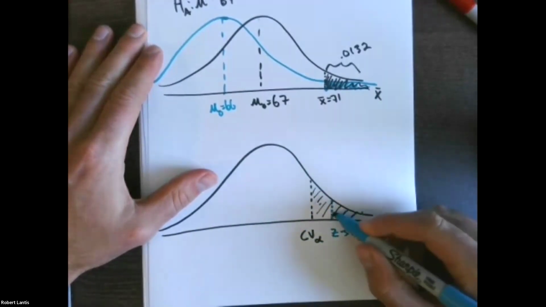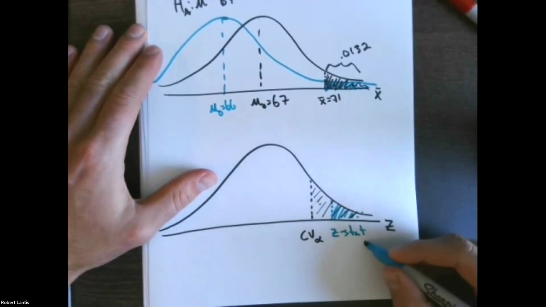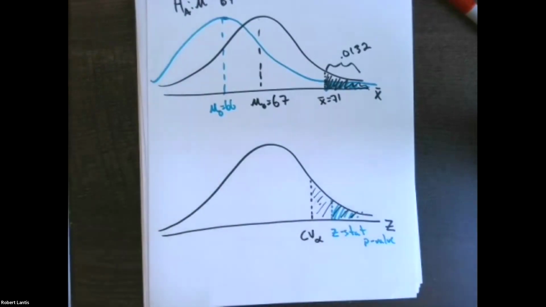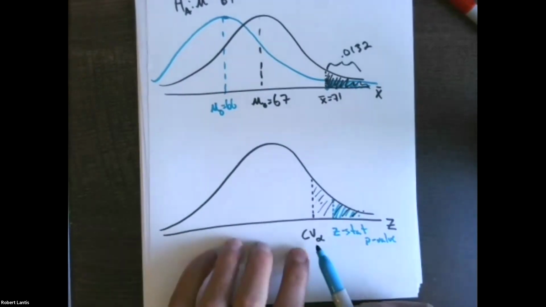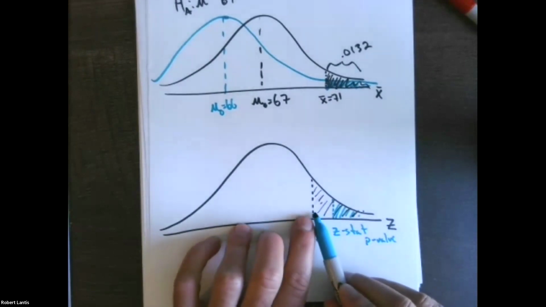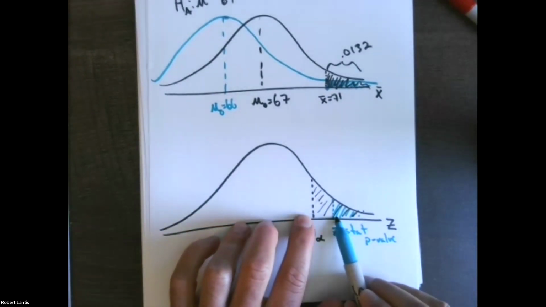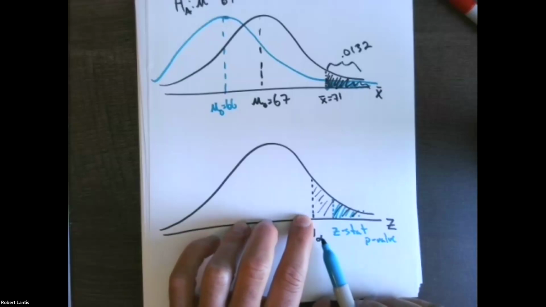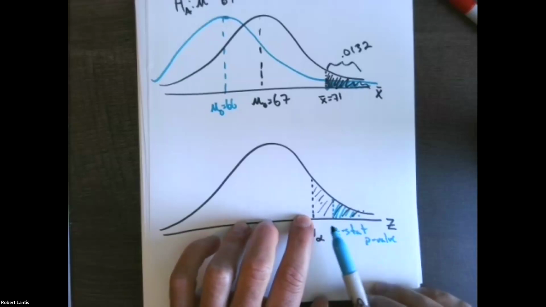And the area to the right of that z statistic is my p-value. So the reason why they both give me the same decision is because if I'm comparing this critical value and the test statistic, anytime the test statistic is greater than my critical value, notice what's happening to the area to the right.